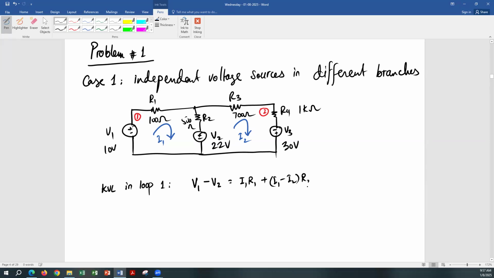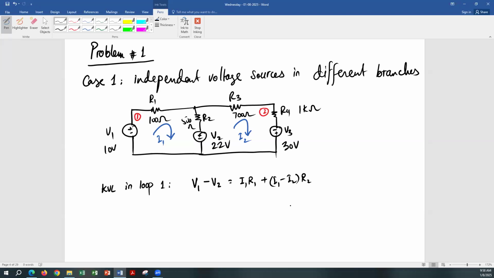So make sure when you're writing the equation for any loop, you go with the direction of current in that loop. If it's a common branch, like in this case, R2 is in the common branch, and there are two currents flowing through it, then the direction of the current for the loop that you're writing the equation for is going to be the positive direction. If the other direction is opposite, that will be considered as the negative direction.